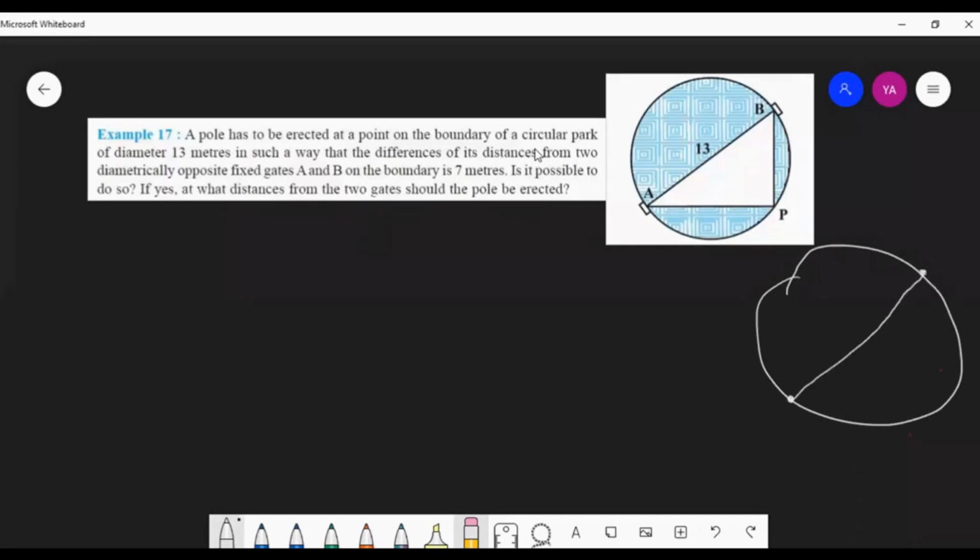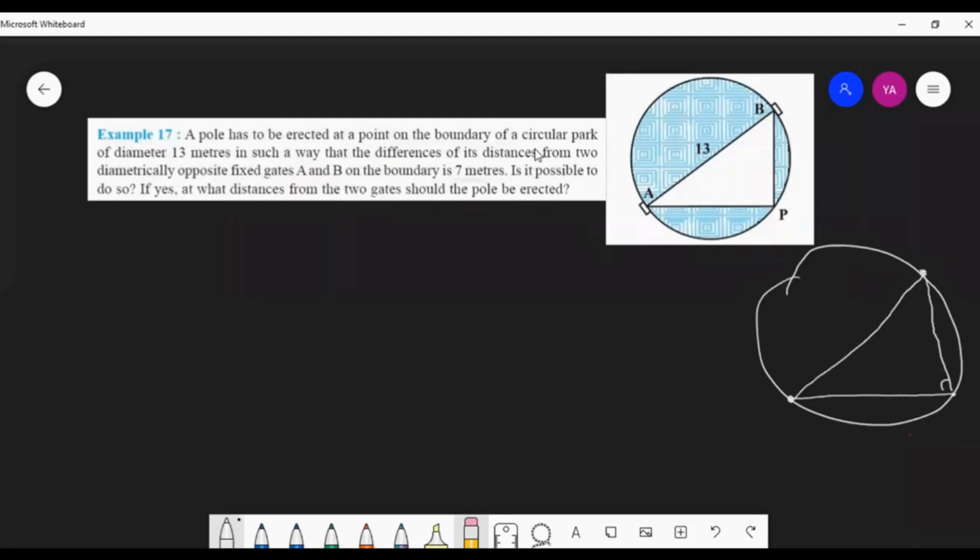And you want to erect a pole on the boundary of the circle such that the difference of the distances from the two gates to that pole is 7 meters.